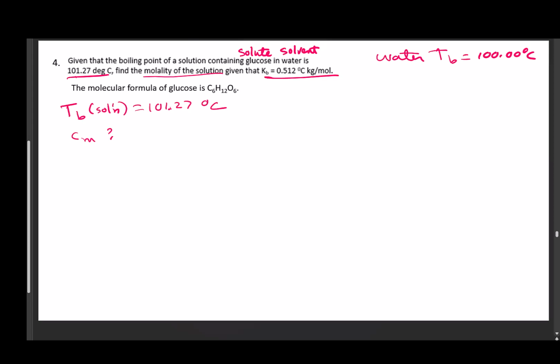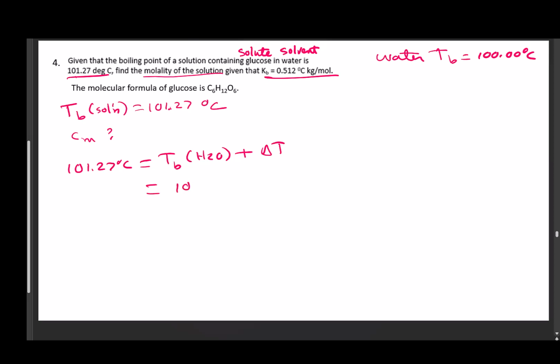So just seeing that Kb there and talking about boiling point, you should think that you're going to need that boiling point elevation equation. So Tb of solution, which is 101.27 degrees Celsius, is equal to boiling point of the pure solvent, which is water, plus the increase in boiling point, delta T, the boiling point elevation.